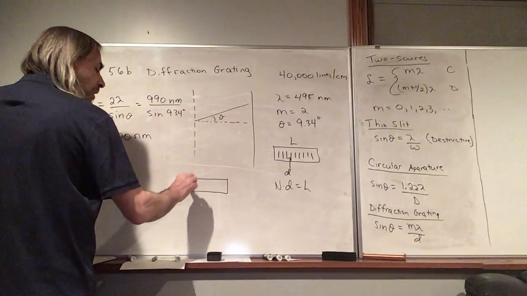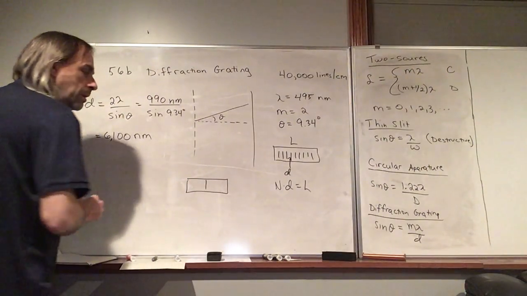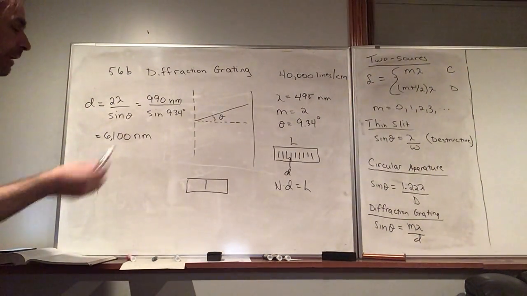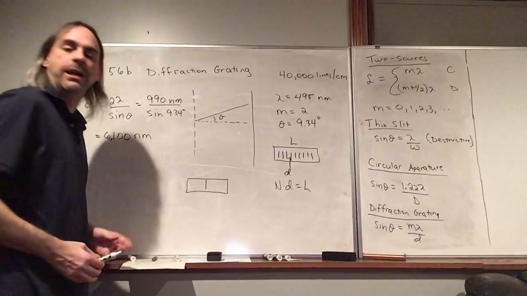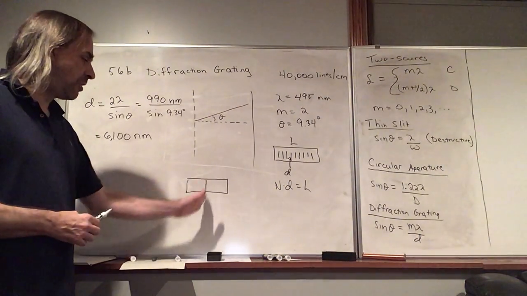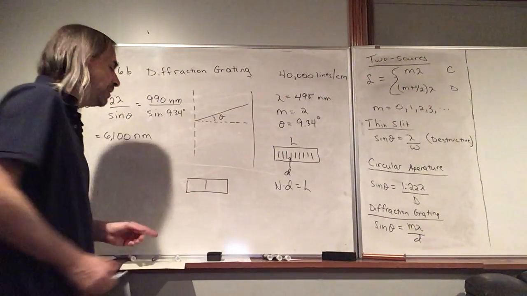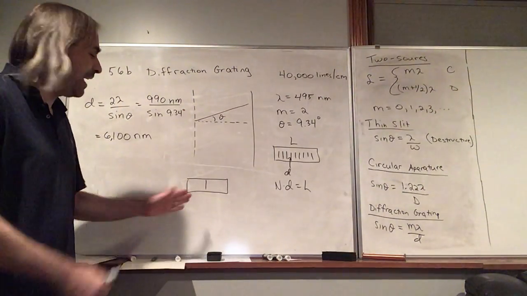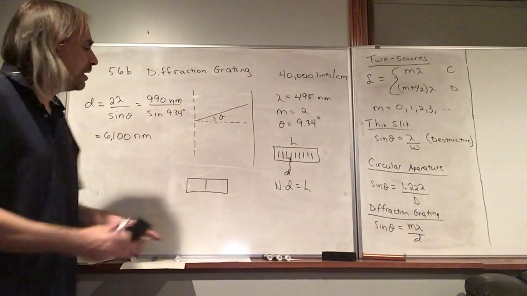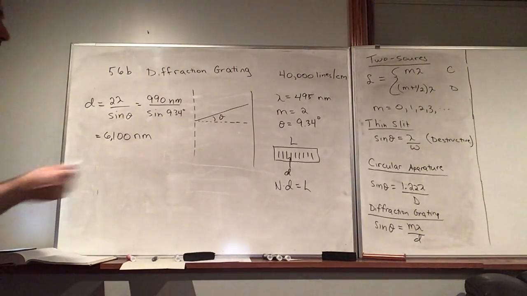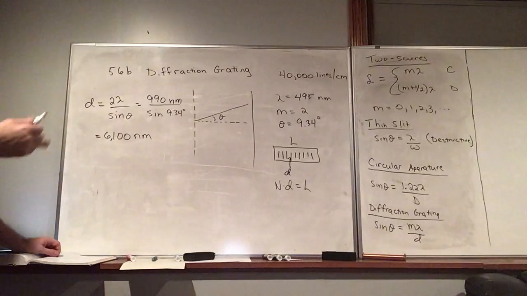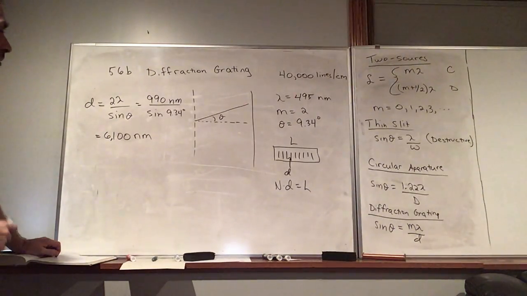Like if you were to have one line, for instance, you're off by a factor of 2, because when you cut one line, you divide it into 2 pieces. There's always that one extra piece when you cut it. But when you have hundreds of lines or thousands, that's not going to make a difference. So we can say that N times d equals L.